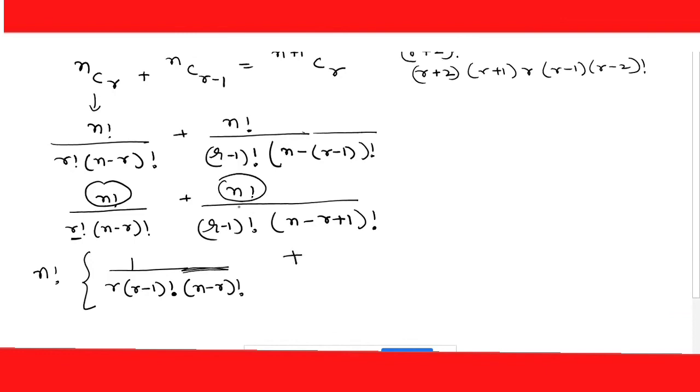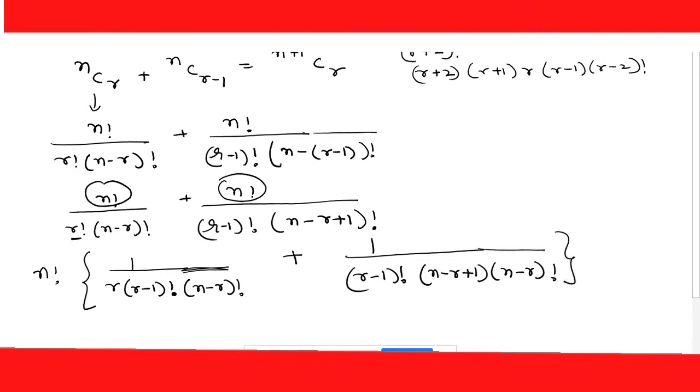Plus, factorial n is common. Here I have r minus 1 factorial. Now split it, so it becomes n minus r plus 1, then n minus r factorial. Learn this if you are not able to manage.